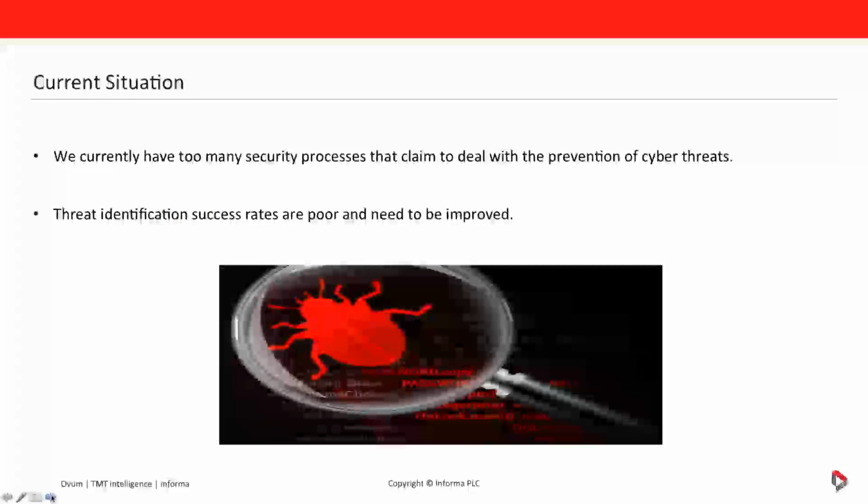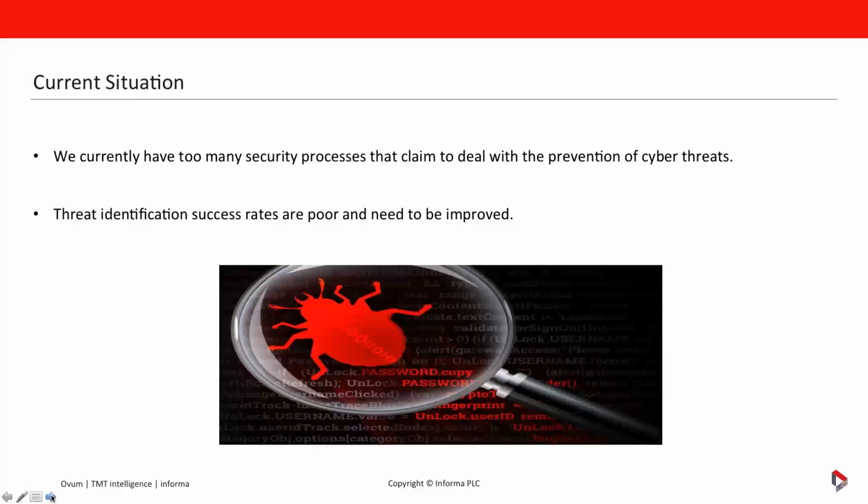So, thinking about the current situation. To summarize, we currently seem to have too many individual tools and security processes that claim to deal with the prevention of cyber threats. In reality, a lot of them only do small parts of the job. Threat identification success rates remain poor.